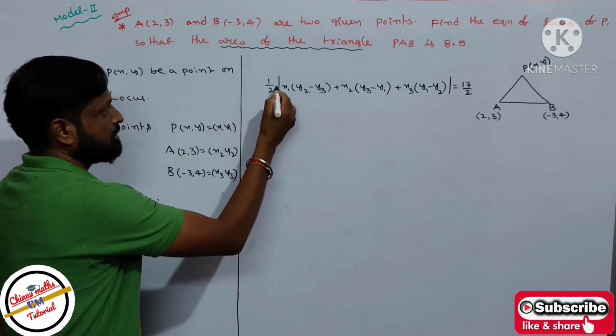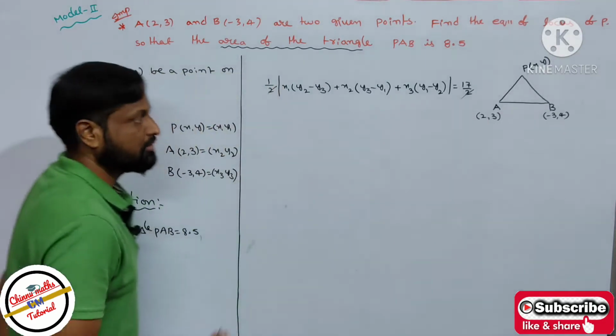So then the 2s on both sides get cancelled. What is remaining?